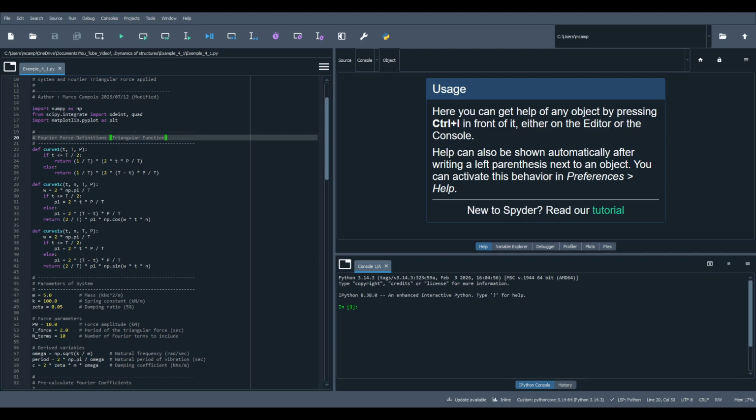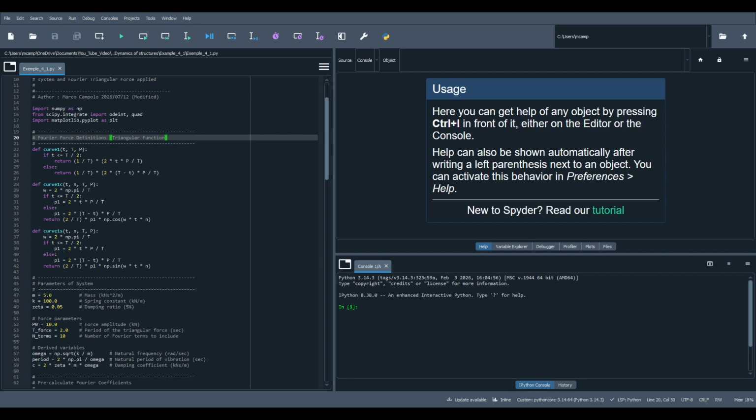If t is less than or equal to the period divided by 2, construct the basic triangular shape p1 exactly as defined above, and return this value when t is less than or equal to T divided by 2, or another value otherwise. After that there is curve 1s, the term bn for the sine, and the logic is the same.